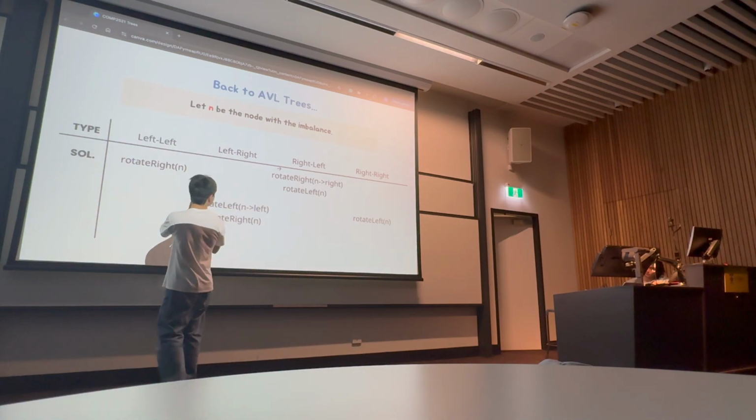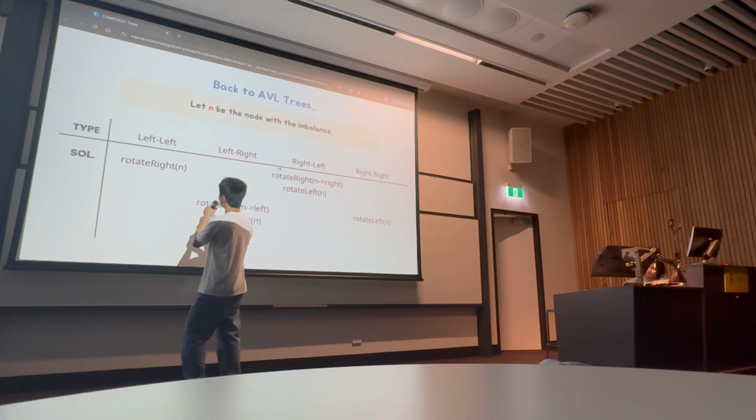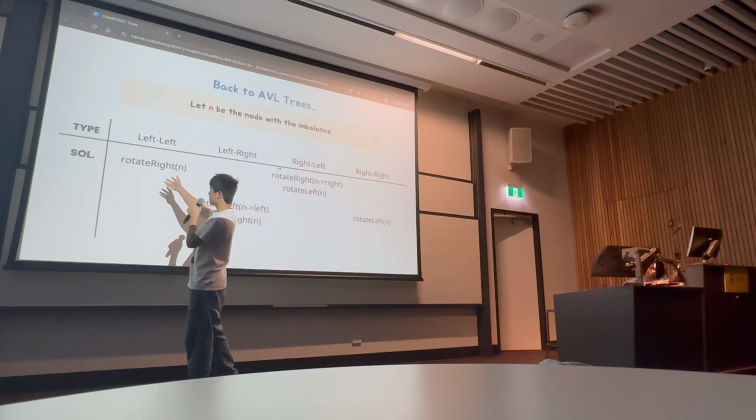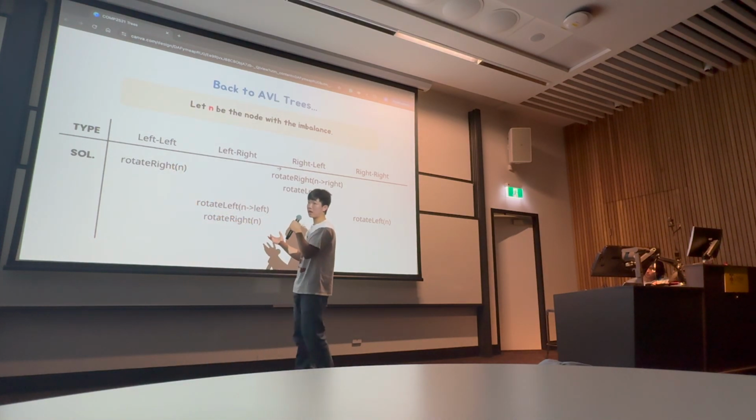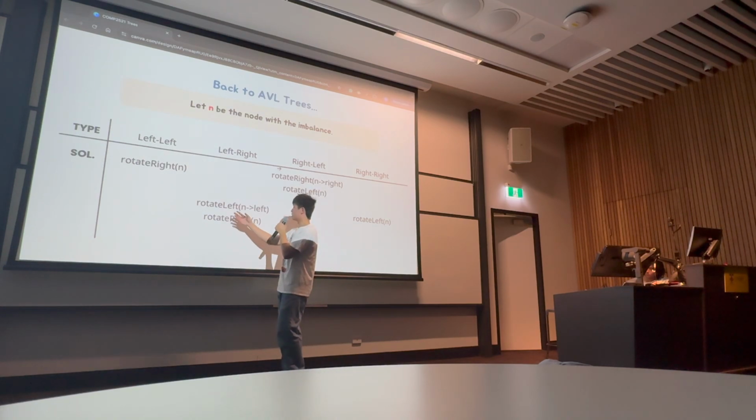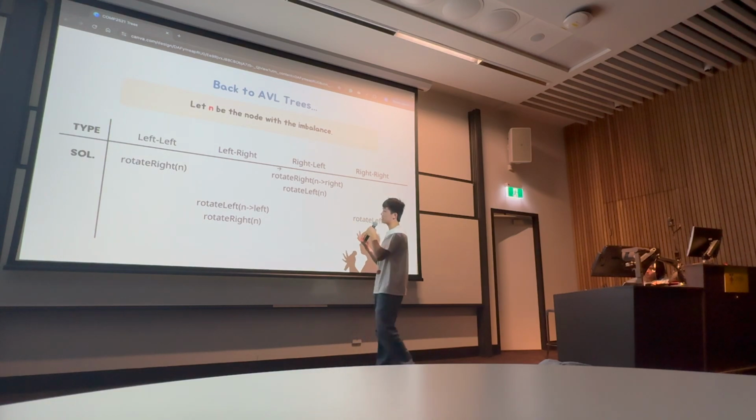But these are the 4 combinations that we have. We can either do a rotate right once, or sometimes there are situations where you have to combine 2 rotations at a time, so rotate left as well as rotate right. So these are the 4 combinations.